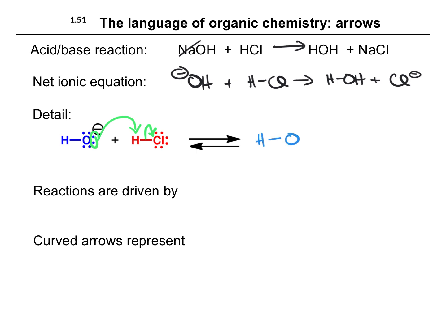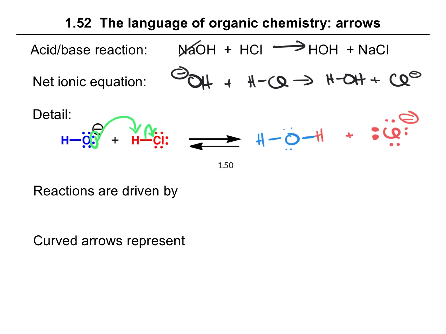So our hydroxide is now connected to the H that used to be connected to HCl, and the Cl is still connected to the 3 lone pairs it originally had, but now this pair of electrons exists on the chlorine as another lone pair, and chlorine has a negative charge.